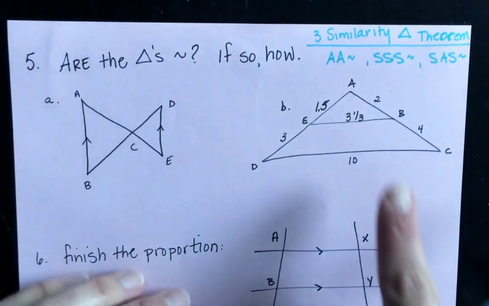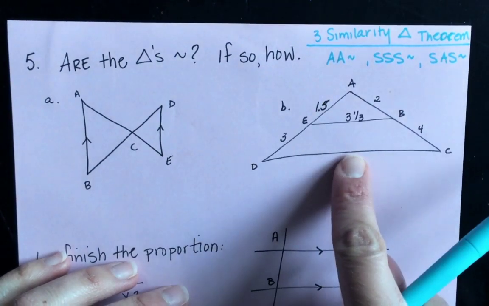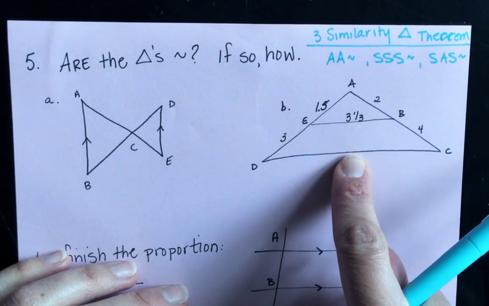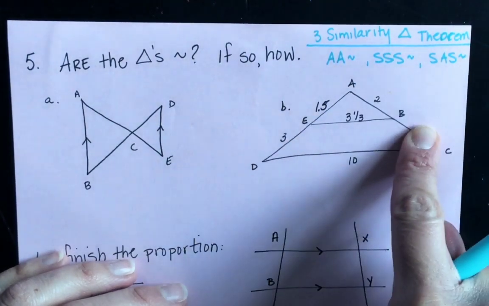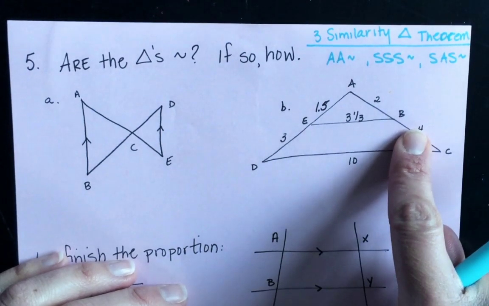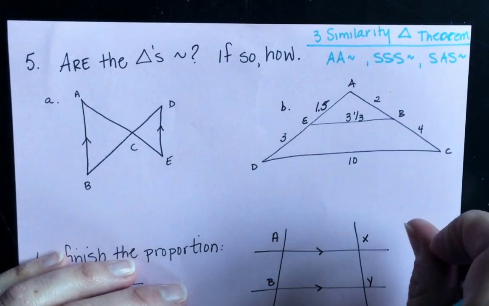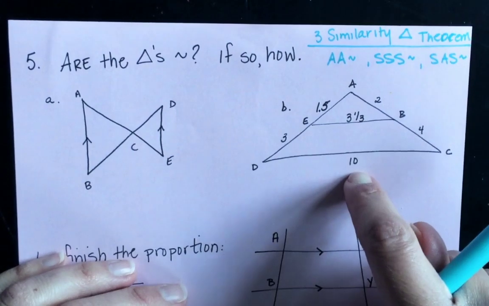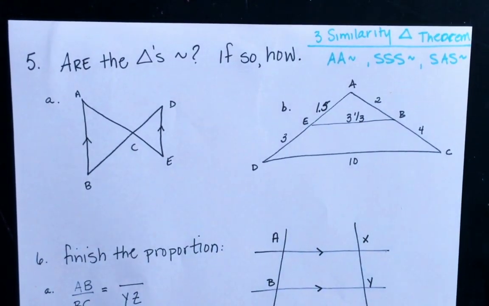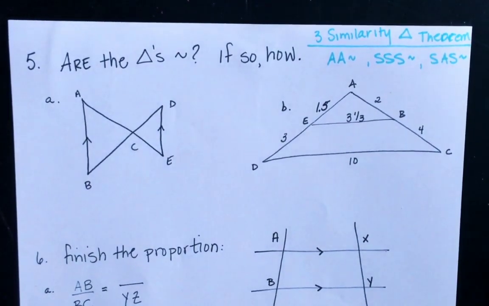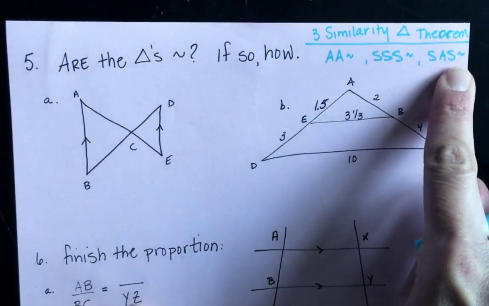When we look over here at part B, again, we have to answer yes or no. But when I look at this, I got a ton of numbers all the way around here. So what this typically is telling me is if I want to say it's a yes, I'm probably going to say it's by side. Now, granted, if I say no, I have to be able to say that it's missing something. So it's either a yes or a no, and then one of these 3.